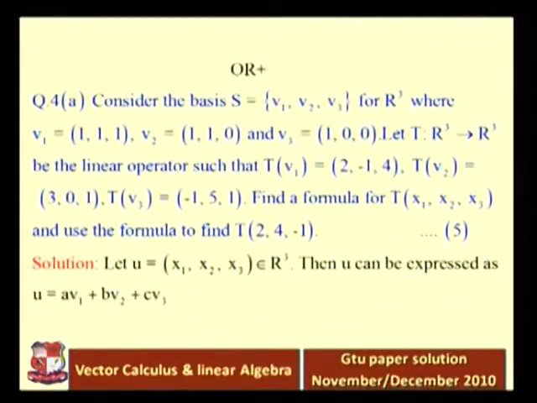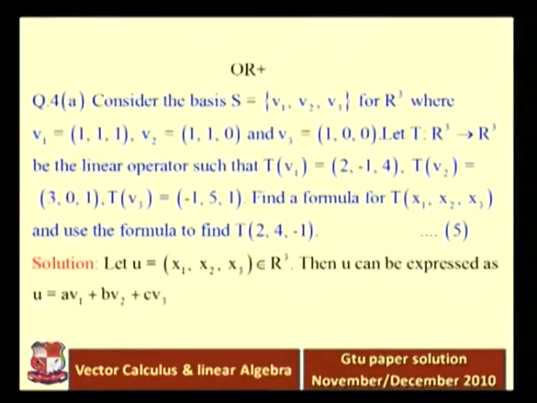Let T from R3 to R3 be the linear operator such that T of V1 is equal to (2, -1, 4), T of V2 is equal to (3, 0, 1), T of V3 is equal to (-1, 5, 1). Find the formula for T of (x1, x2, x3) and use the formula to find T of (2, 4, -1).